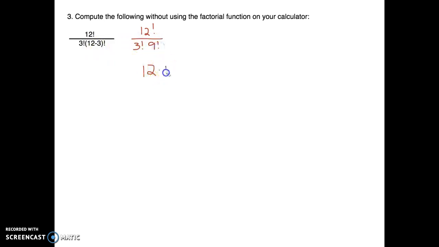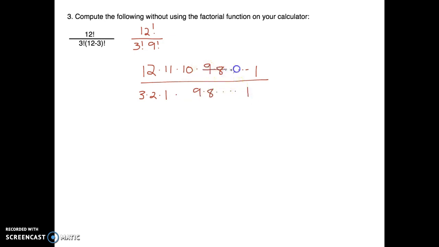So we have 12 on the top times 11 times 10 times 9 times 8, and so on, all the way until we get to 1. And then on the bottom, we'll have 3 factorial, which is 3 times 2 times 1, times 9 factorial, which is 9 times 8, also all the way till you get to 1.